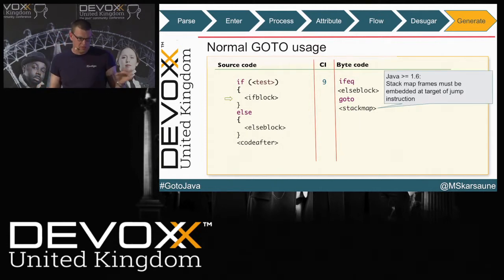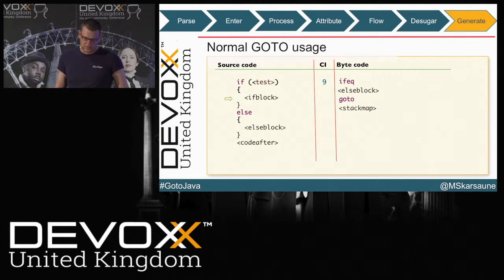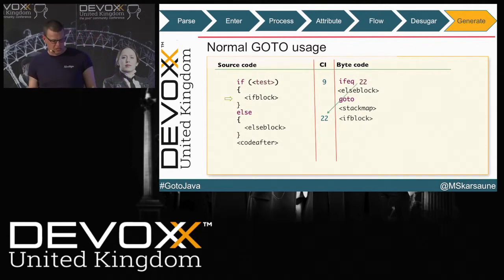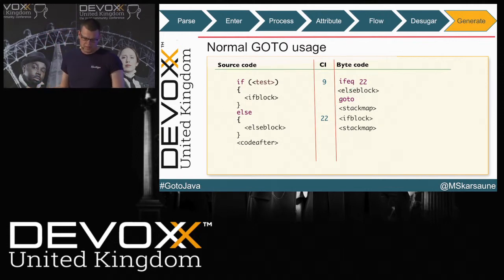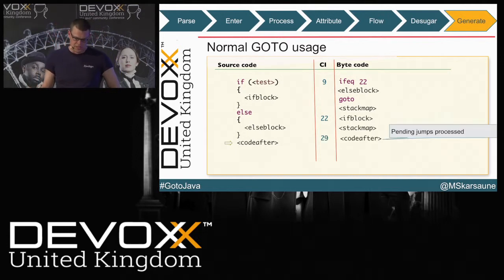And since Java 1.5, there's a requirement that for the target of any jump, you must have something called a stack map to help the verifier, the bytecode verifier. So now we have the if block, and now we can patch up the conditional jump here. And again, for the code after, we'll do a stack map, and now we can patch the goto.